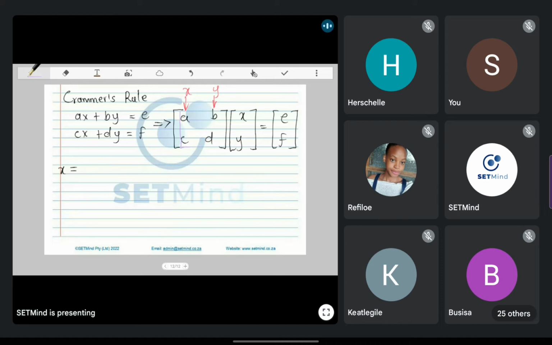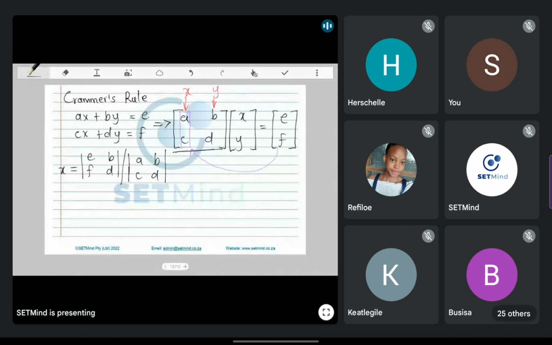So put this bracket, and you'll have E and F, and then the B will still be there, and the D will still be there. Then you divide by the determinant of the original matrix, A, B, C, D.